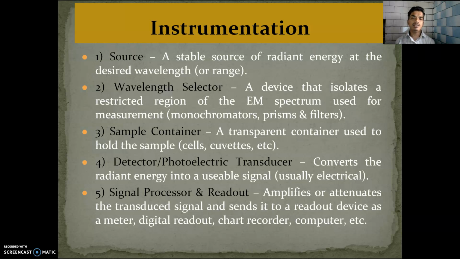Last is the signal processor or readout system, which amplifies or attenuates the transducer signal and sends it to the readout device, a meter or digital readout system, chart recorder or computer, etc.